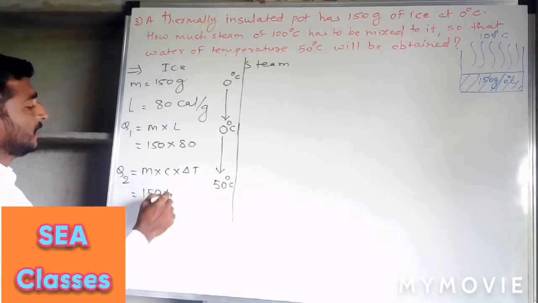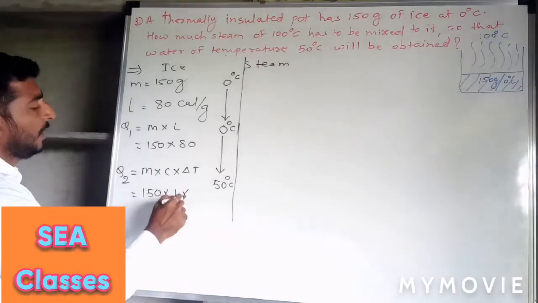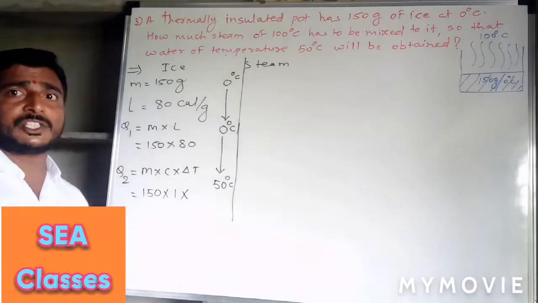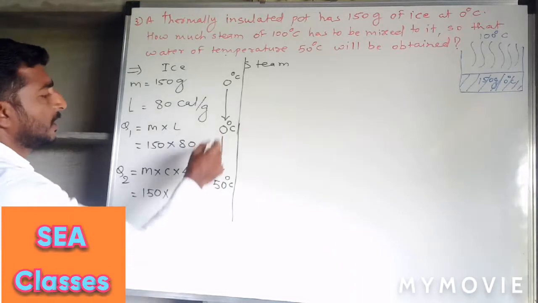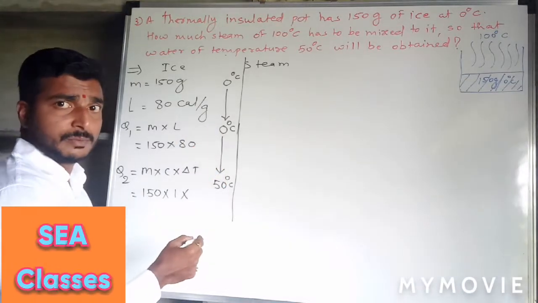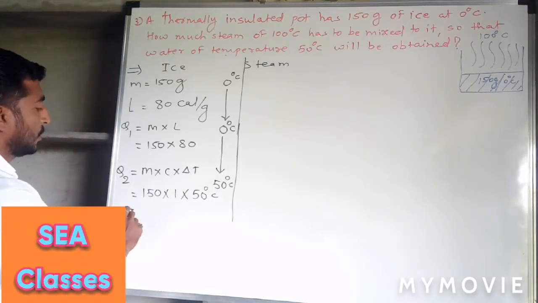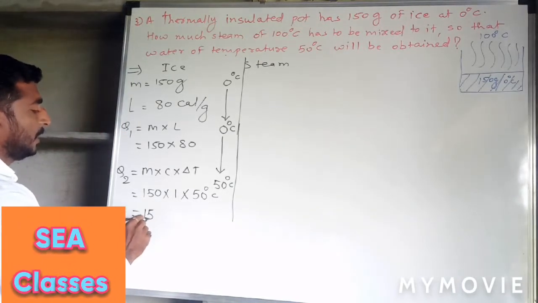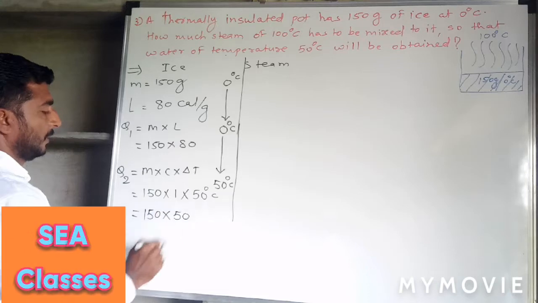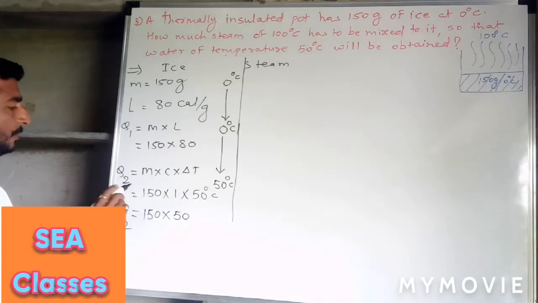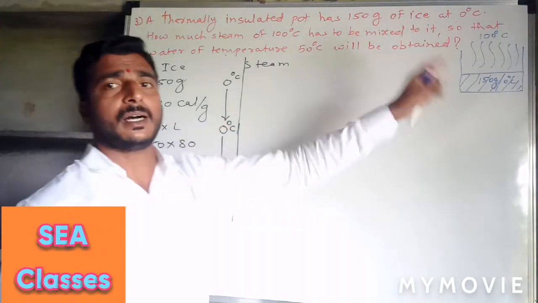Specific heat capacity of water is 1, and delta T is the change in the temperature, 50 minus 0, that is 50 degree Celsius. So it will be 150 into 50. This is your Q2. So this will happen in the ice.